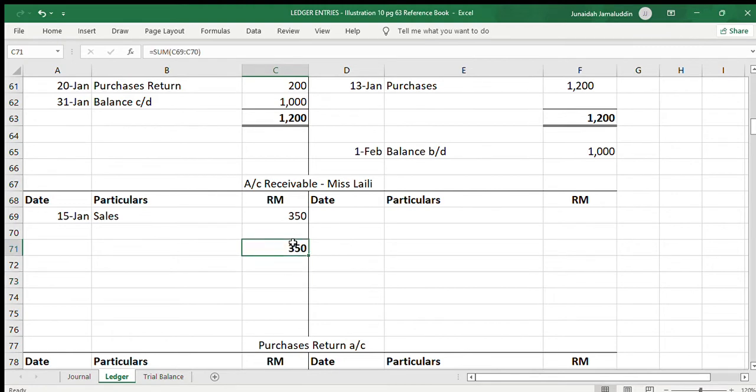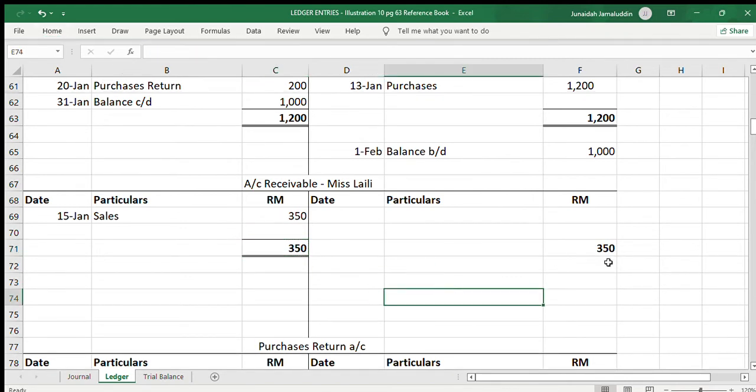Kat sini 350 ni kita kena letakkan juga di sebelah kredit. Oops. Silap. Kita paste value. Okay. 350 ya. So kita akan buat dia punya balancing box at debit side as well as at the credit side.